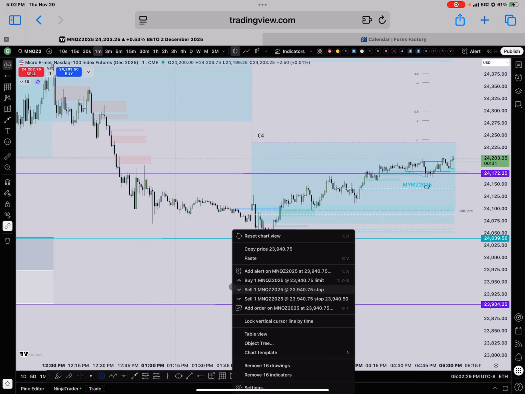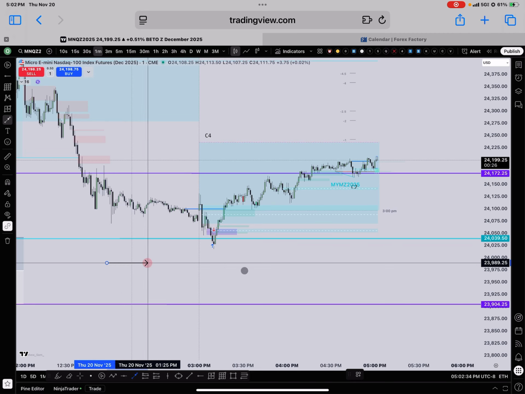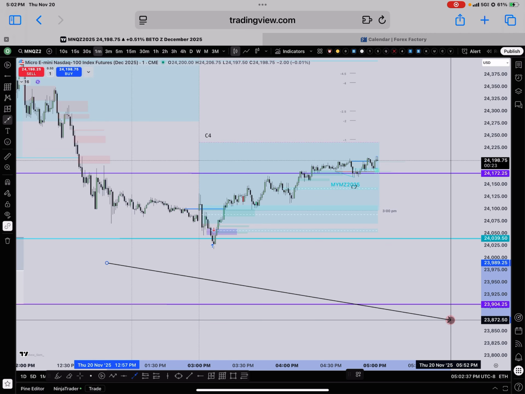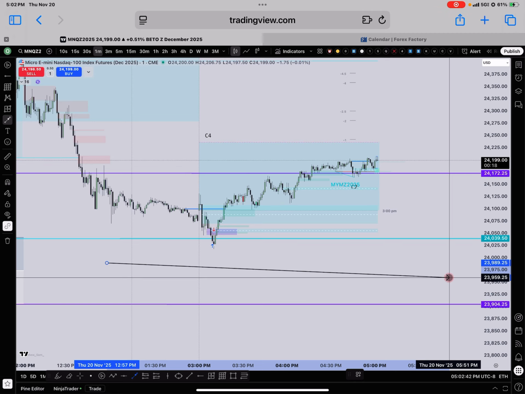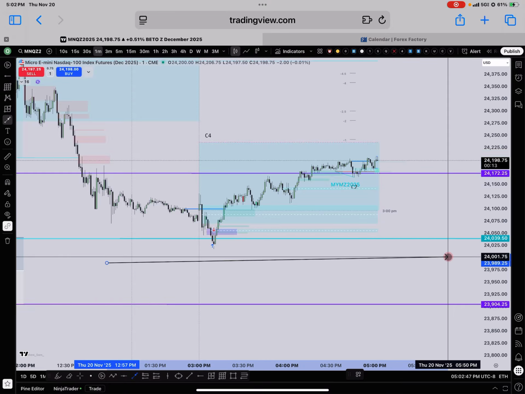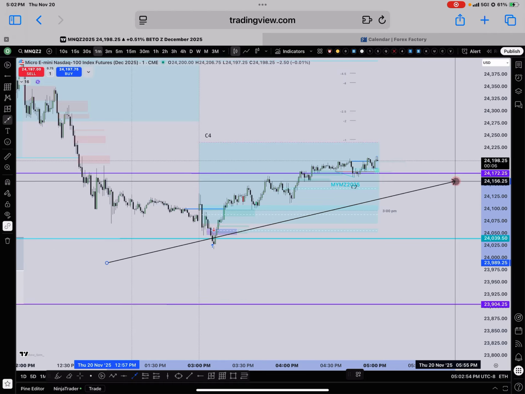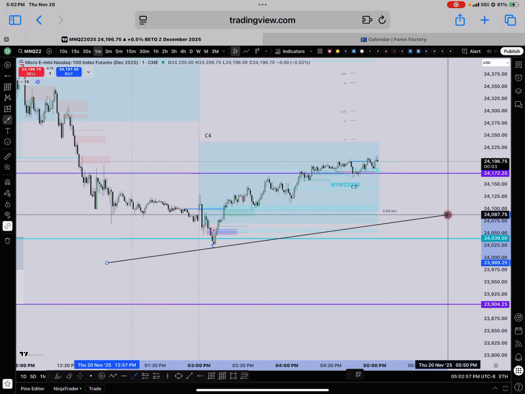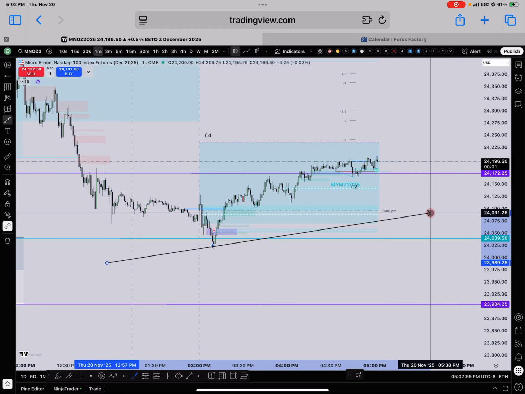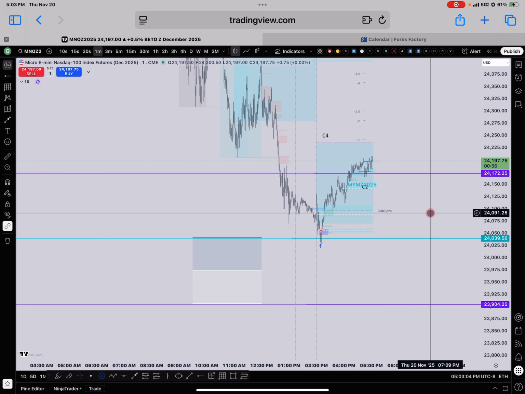It's very precise. So here we are at 23904.25, and here we're on the center, the blue line, 24039.50, and the purple line up there is 24172.25, and this is just awesome.